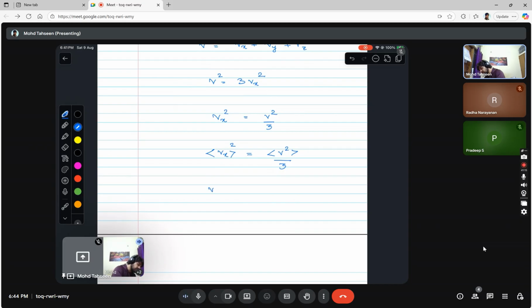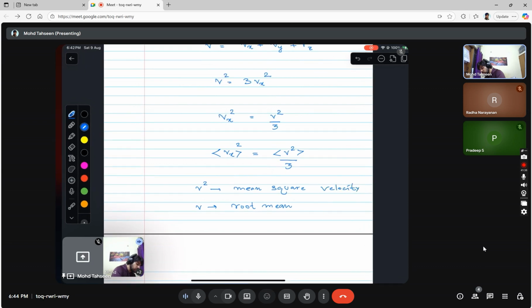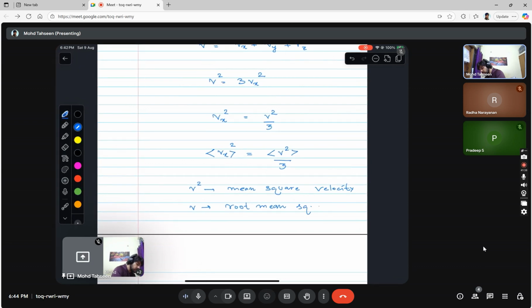So V square is mean square, let me call it speed, and then V is root mean square velocity, right? Root mean, let's write velocity, not speed, because we are talking about definite directions here. It will be root mean square velocity.